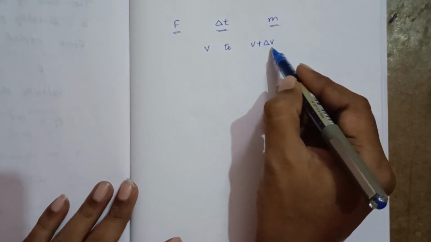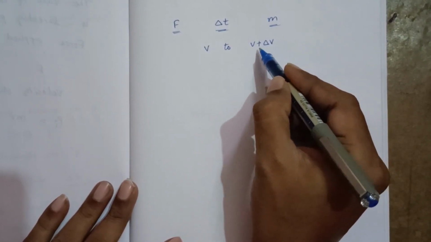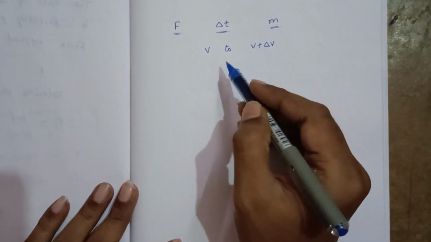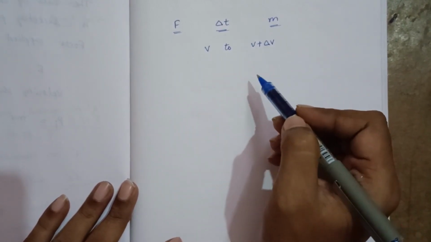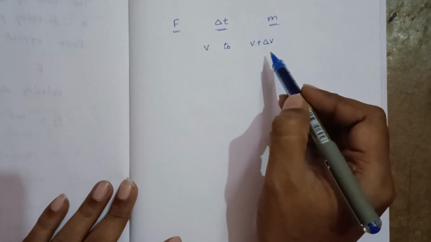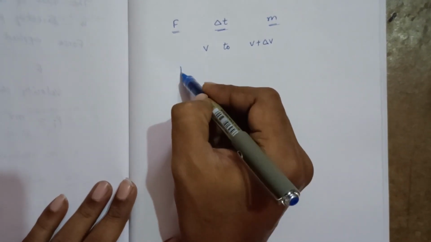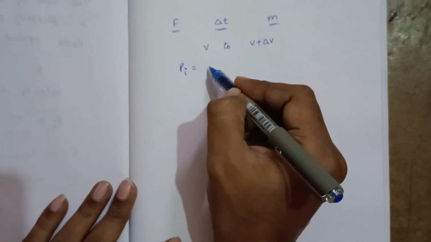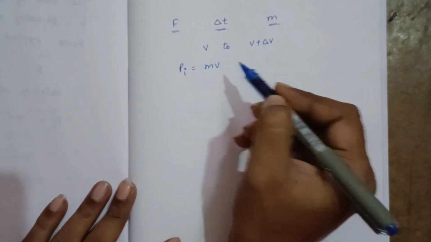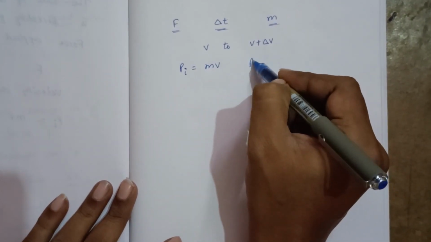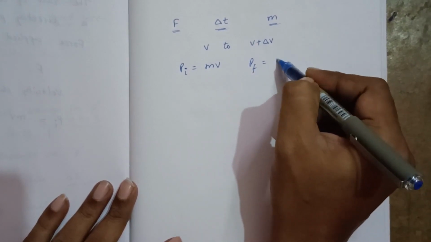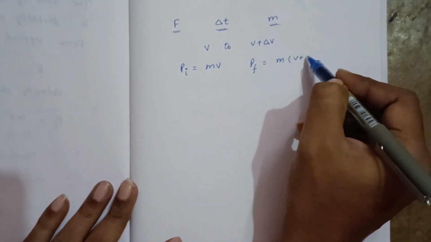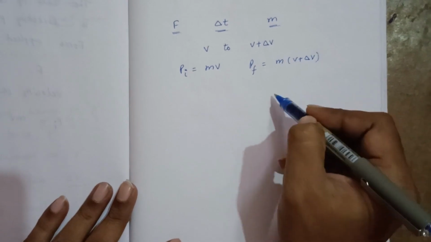This much velocity is added because of the force. Then the initial momentum equals mass into initial velocity, and the final momentum equals mass into final velocity.